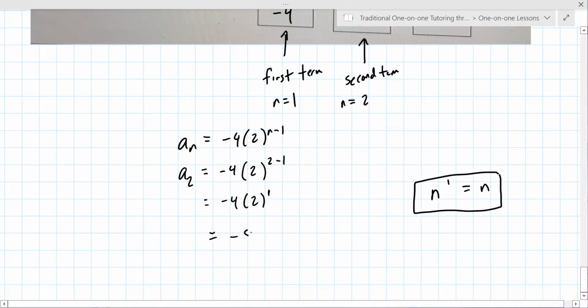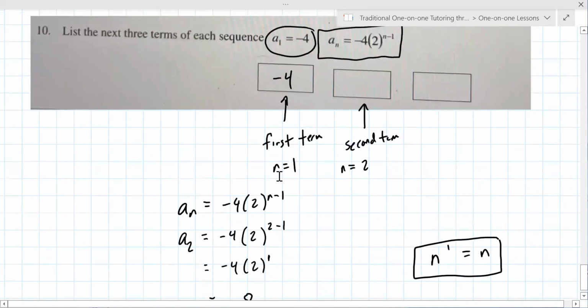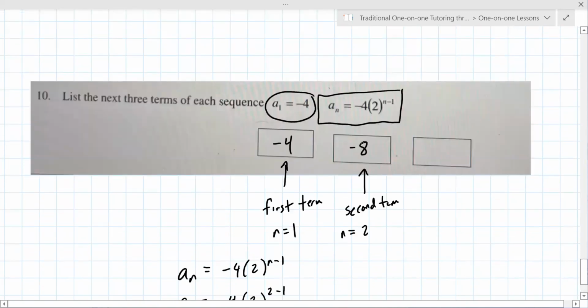So this becomes -8. You might also notice now that the terms are going up by multiplication of 2, and that 2 comes from inside the parentheses. So while you could use the formula, you can just say, oh, I'm just going to multiply by 2. And that gives you a value of -16.